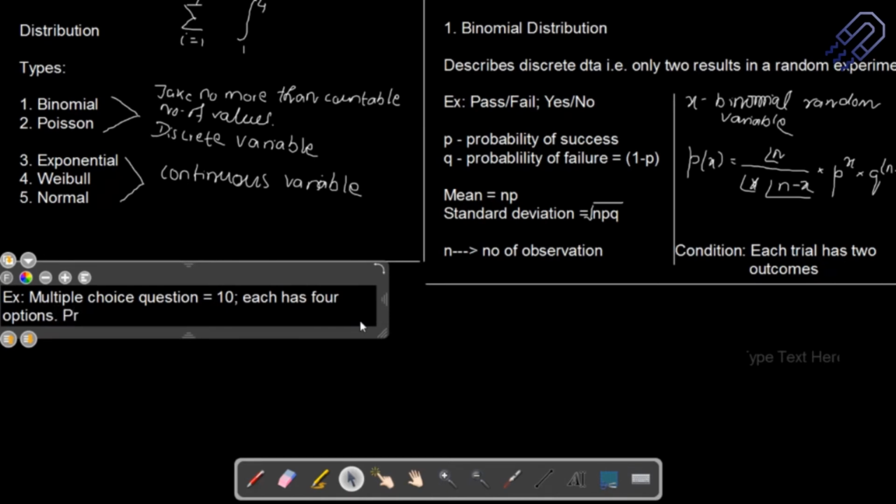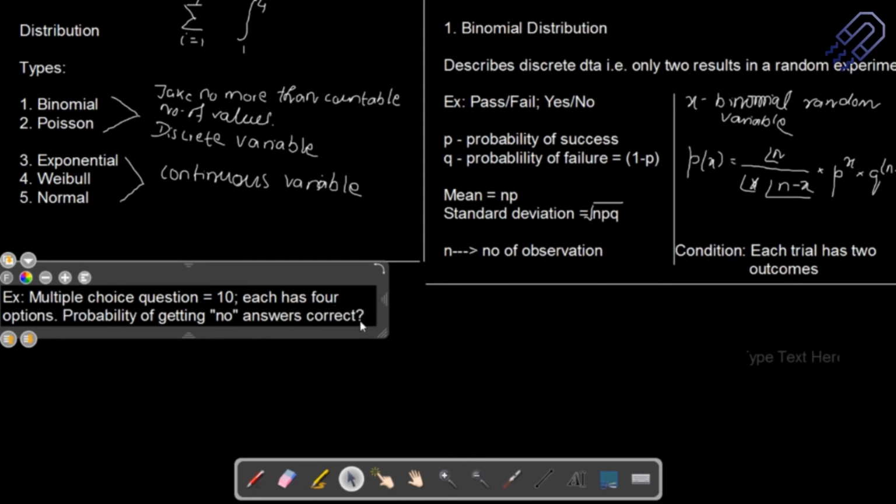The question is you have to find out the probability of getting no answers correct. That's the key term. No answers correct. So you're going to get a 0 in your exam.